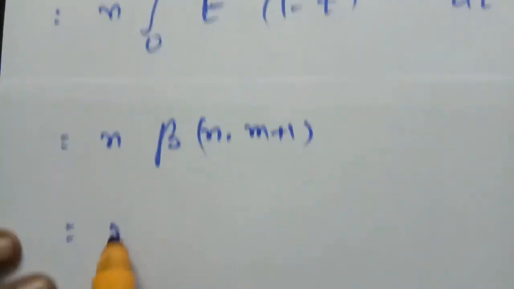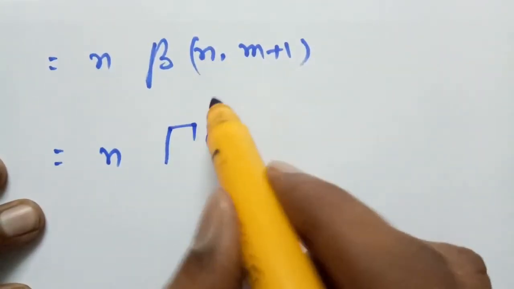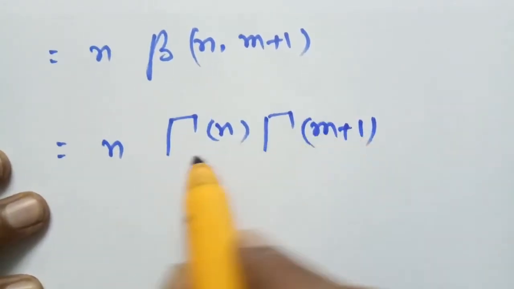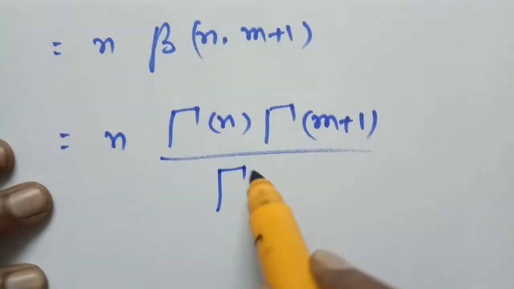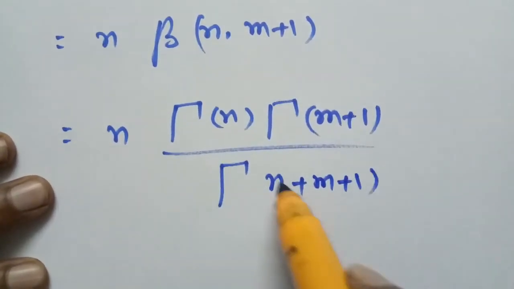Therefore, we know the relation between beta and gamma. Gamma m, here n, gamma n, here m plus 1 by gamma m plus n, that is n plus m plus 1.